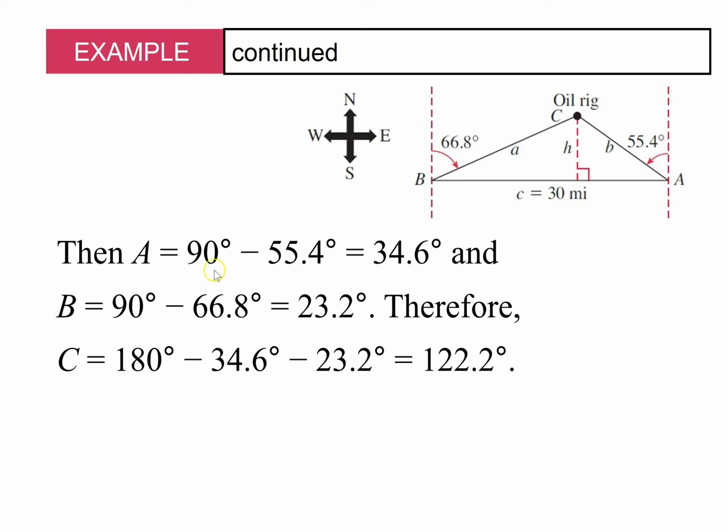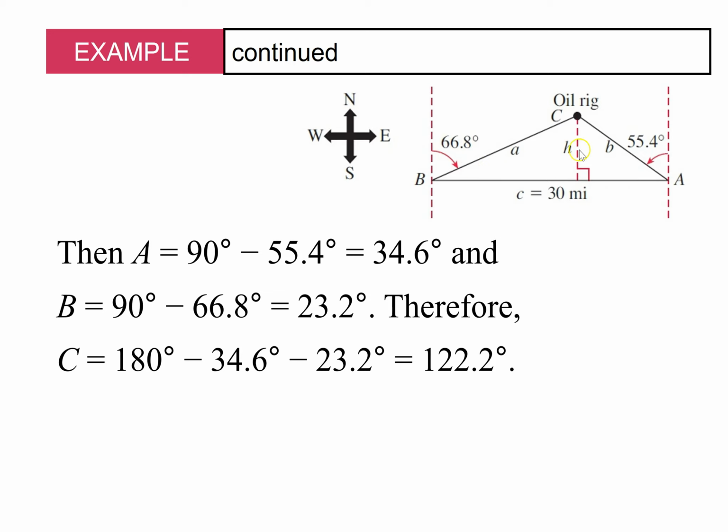Let's go inside our triangle. If this is 55.4, you know the inside angle, angle A, would be 34.6. If angle B, the outside angle, is 66.8, then inside, because these are all right angles, if you subtract from 90, that would be 23.2. So here's 23.2, here's 34.6.